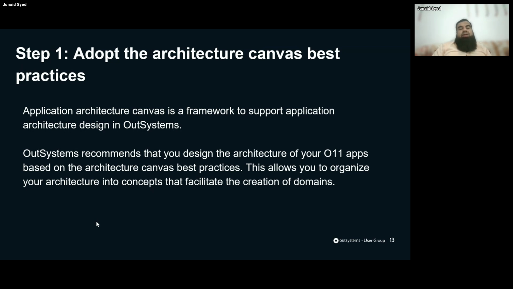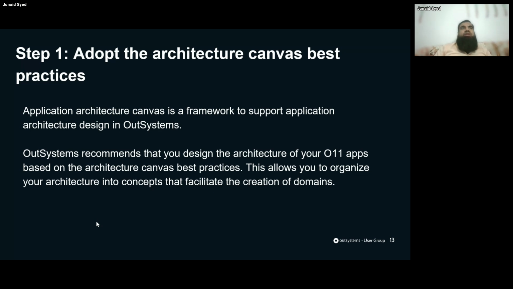Because the architecture canvas is not just about those three layers, like end user, core, and foundation, but there is also a concept of domains. Domains, as you might already know, are more related to the business concepts or business areas that our O11 applications serve.